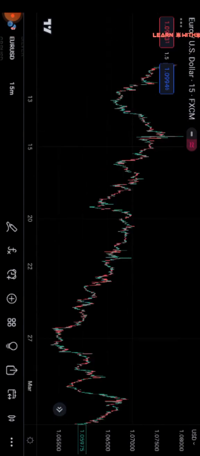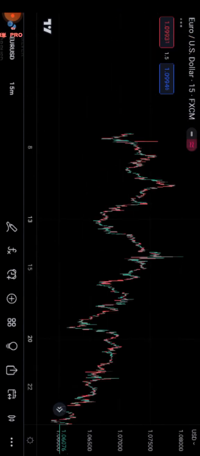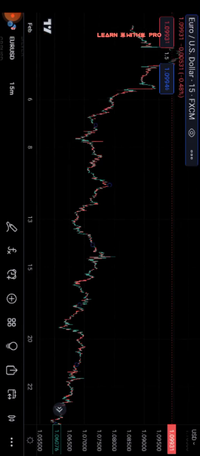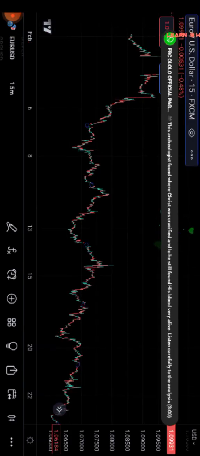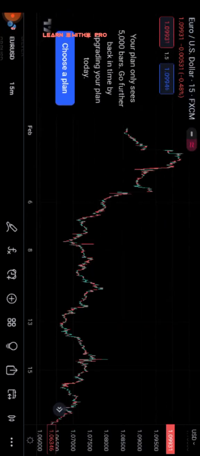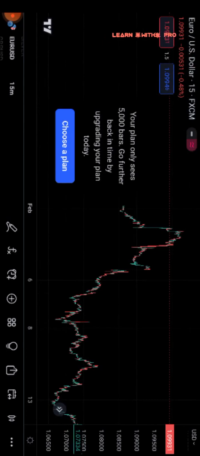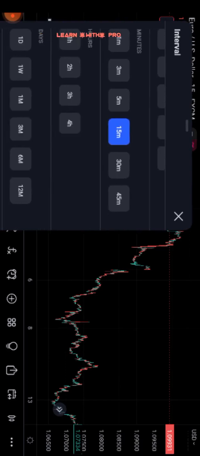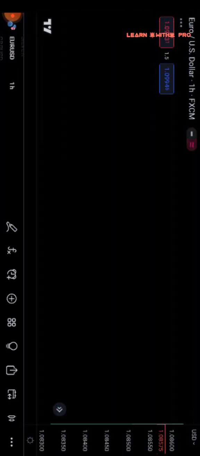Trying really hard to go to the previous place. I can only see 5,000 bars. Okay, let me go to 1 hour time frame.